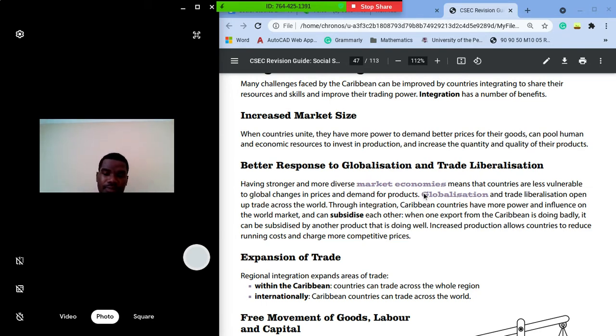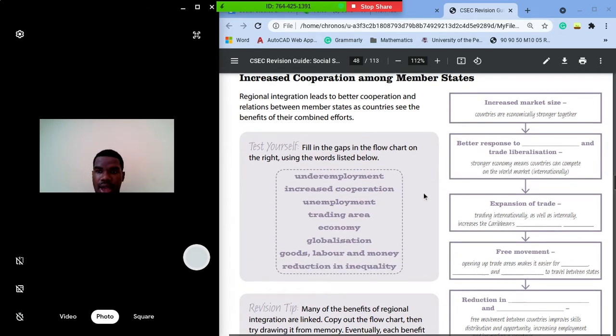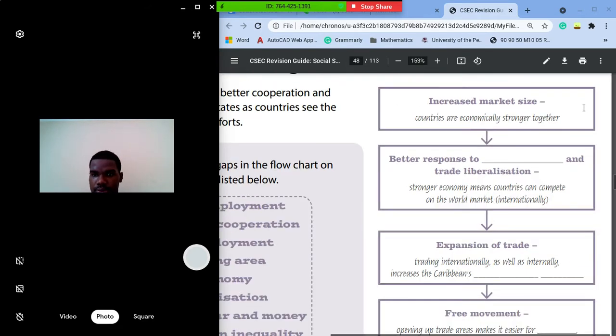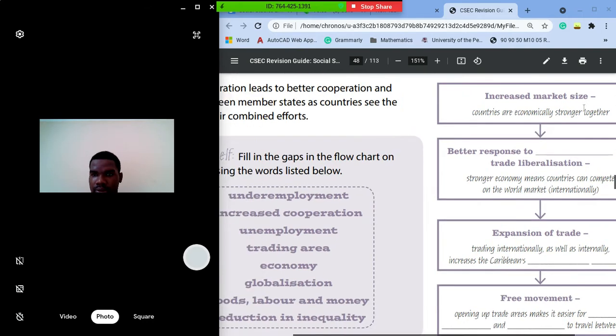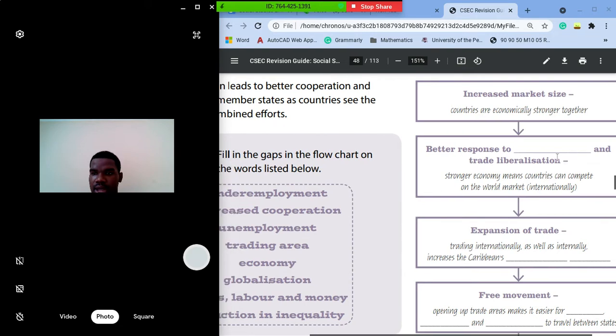Now we're gonna do some test yourselves for homework. So here's your first test yourself question. I want you to fill in the gaps in this flow chart. You're gonna fill in the blanks here for me. So the first one goes to Karen. Karen, are you ready? It says, better response to dash and trade liberalizations.